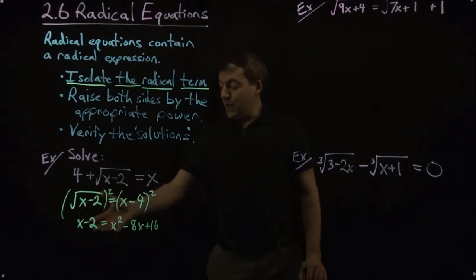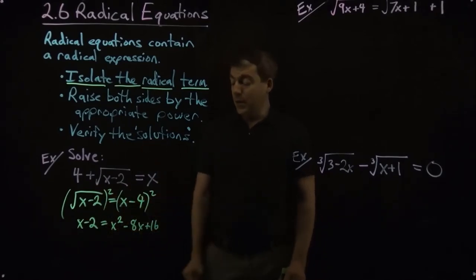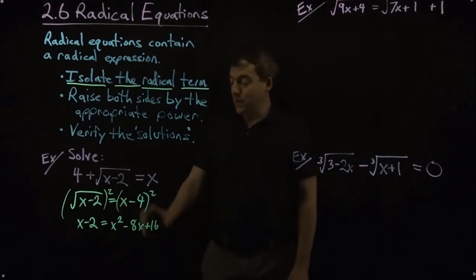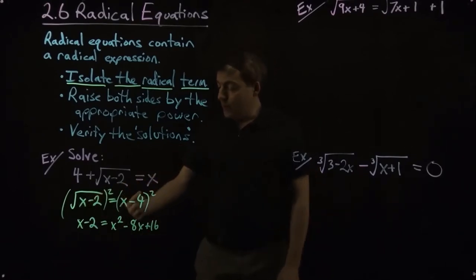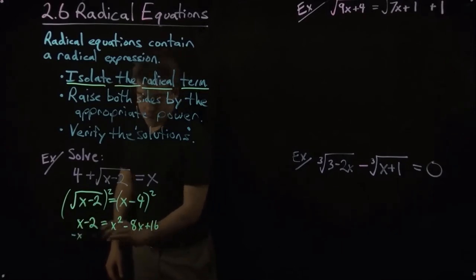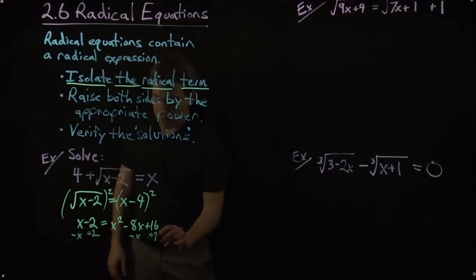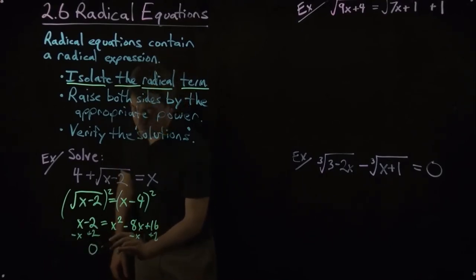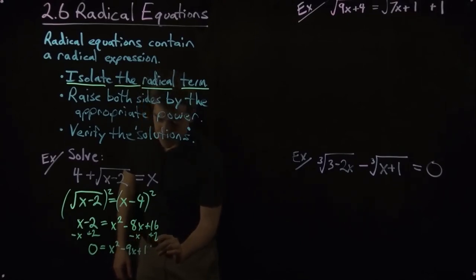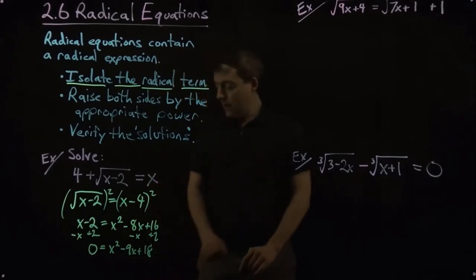This is now a quadratic equation, and we can use all the methods we've learned up to this point to solve it. So we'll subtract x and add the 2. So 0 equals x squared minus 9x plus 18.